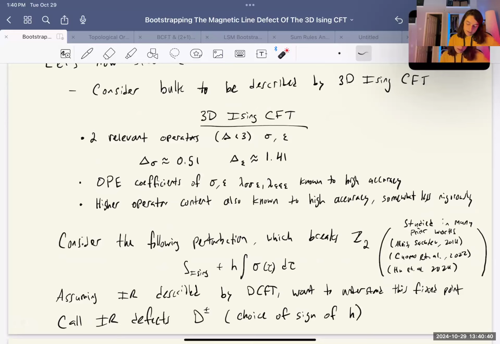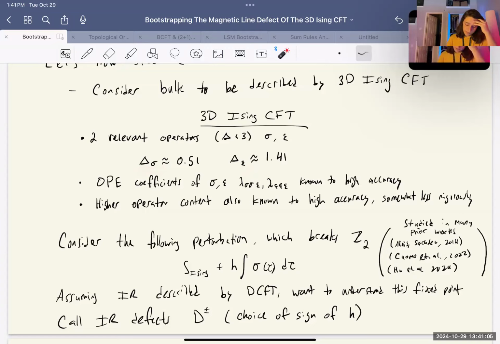Mainly it has a Z2 symmetry, and it has two relevant operators, sigma and epsilon. Epsilon represents the thermal perturbation, which drives the ordering transition, and sigma is the order parameter.